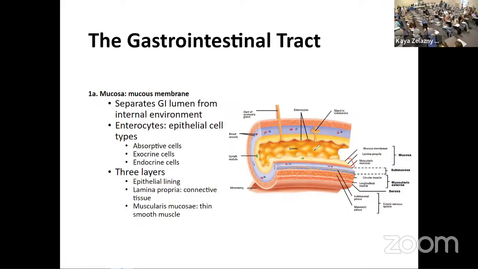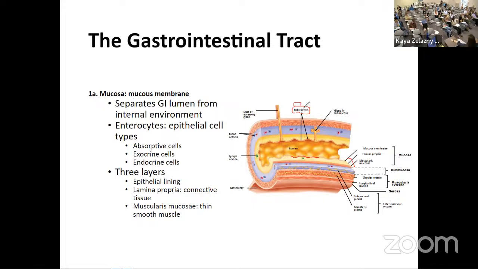Okay. So we're going to have an epithelial cell lining here. So here, okay. This is going to be made up of enterocytes. So entero, think like enter, like inside, sites for cells. This is going to have absorptive cells, exocrine cells, and endocrine cells within it.